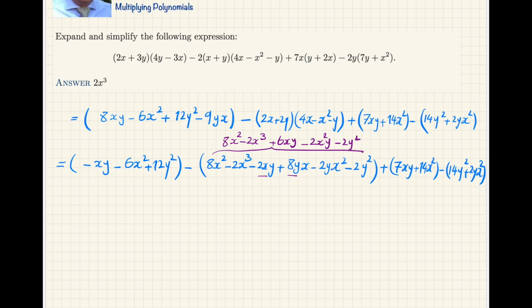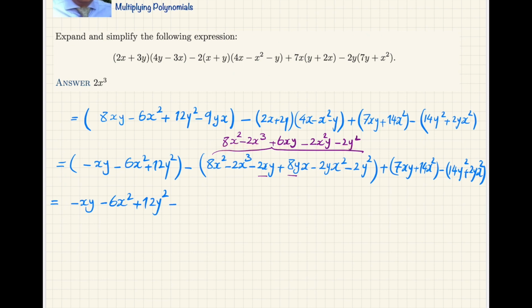So I remove the pair of brackets, so this becomes minus xy minus 6x squared plus 12y squared. This minus sign here goes for all these terms and changes the signs. So for example, this one is positive, it becomes negative, but this one is negative, it becomes positive, and the same for these.